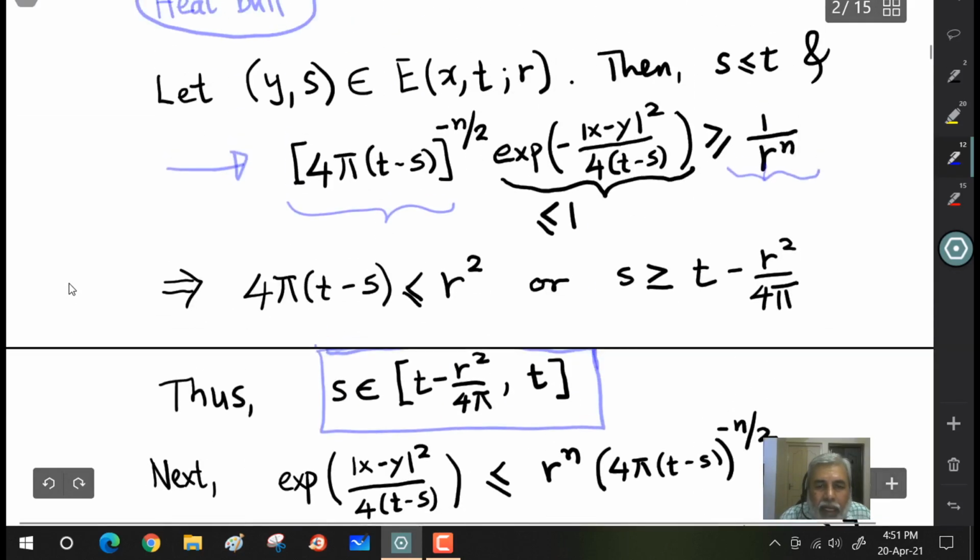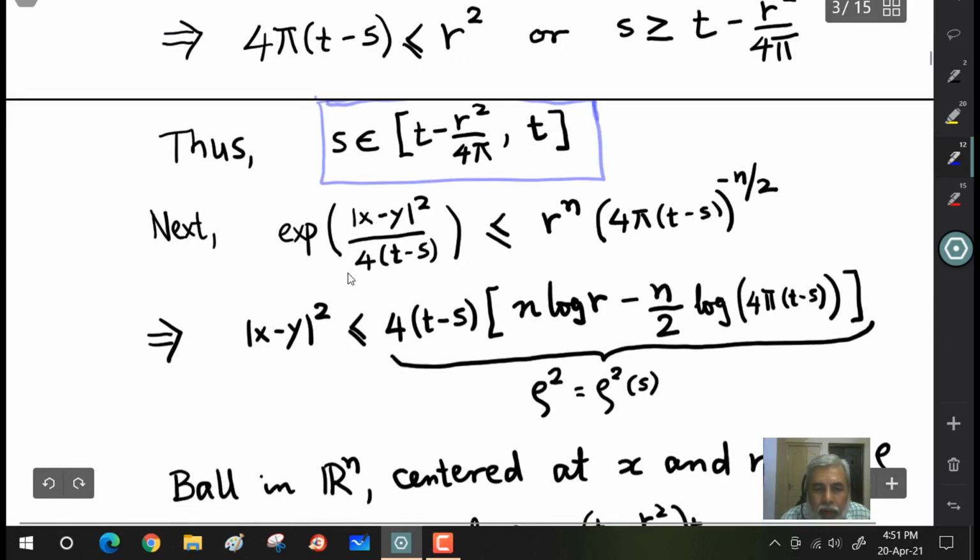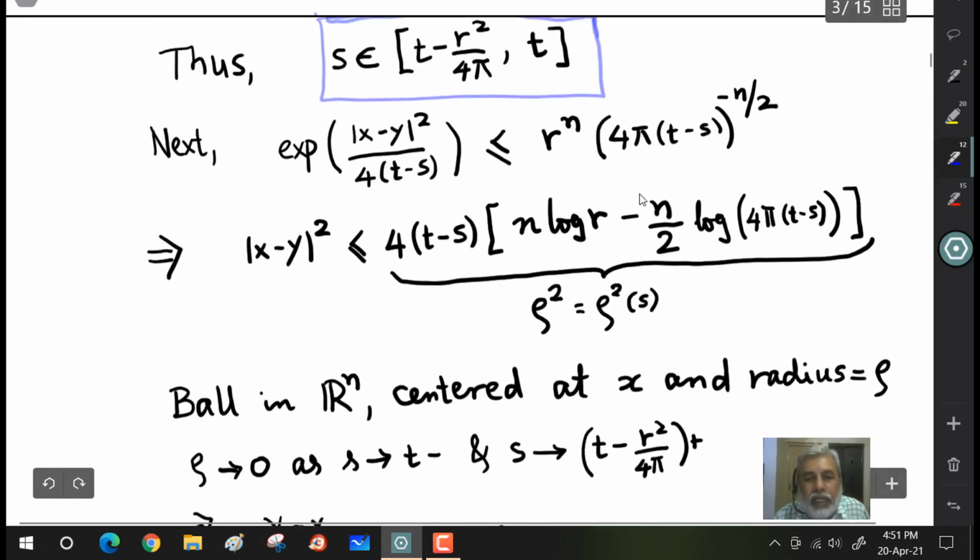Next you rewrite this inequality as exponential of minus |x minus y|^2 by 4(t minus s) less than or equal to r^n and so on, and then you take the logarithm on both sides and you get |x minus y|^2 is less than or equal to this quantity, and this quantity for s lying in this interval is always non-negative.